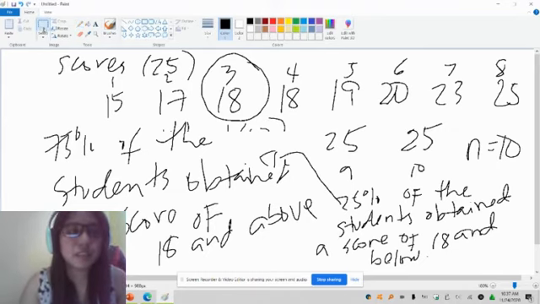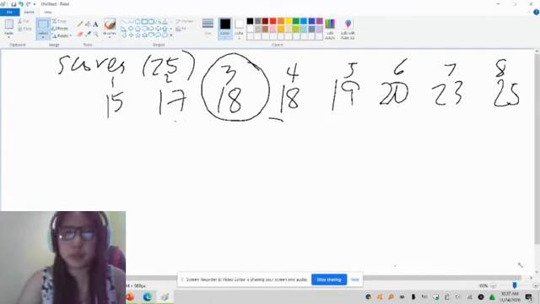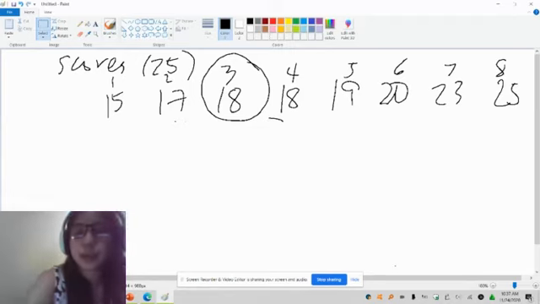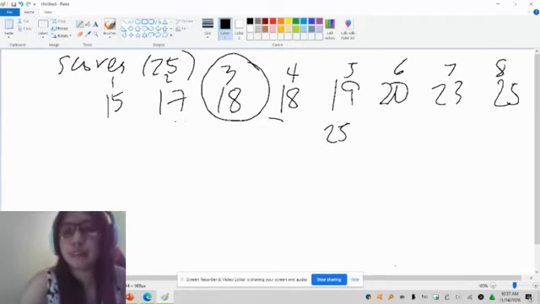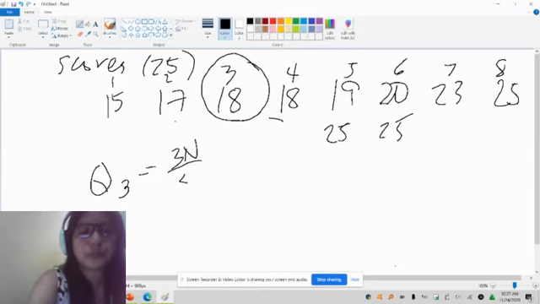Okay, next. Let us also consider Q sub 3. We still have two data here, right? So we have 25 and 25. If we are going to compute Q sub 3, for example, this is 3n all over 4, where n is equal to 10, over 4.